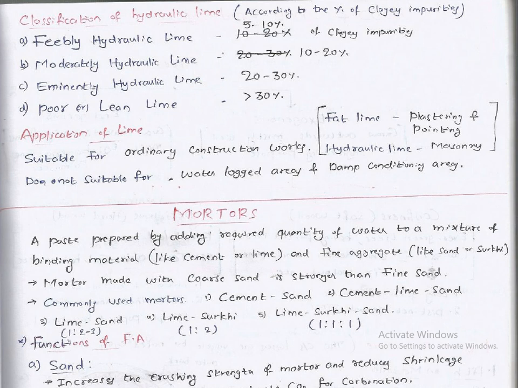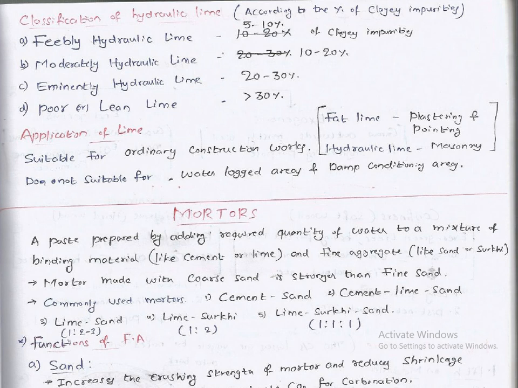Application of lime suitable for ordinary construction works. Fat lime is used in plastering and pointing. Hydraulic lime for masonry. It is not suitable for waterlogged areas and damp condition areas.